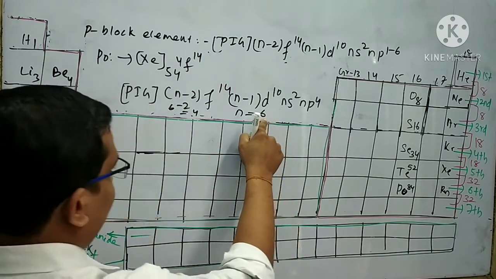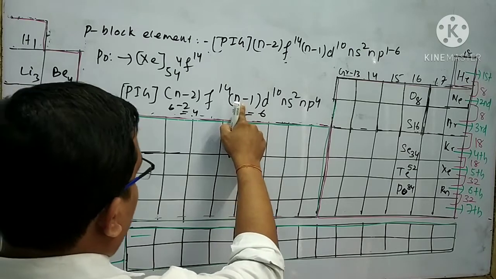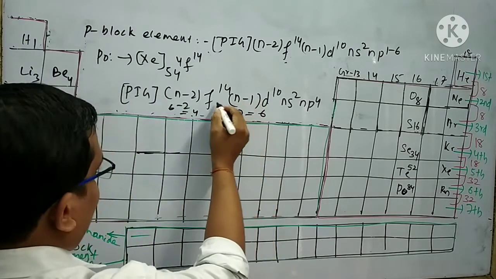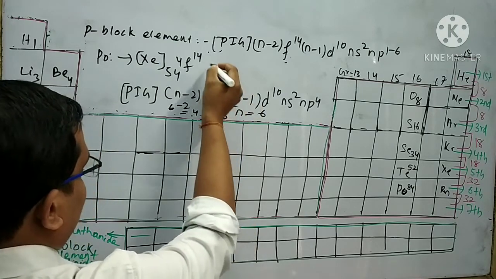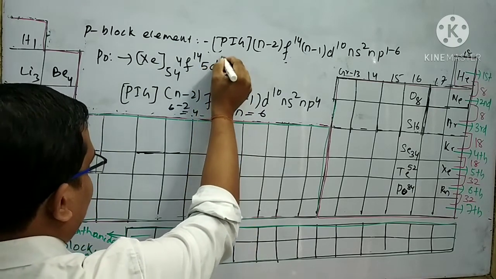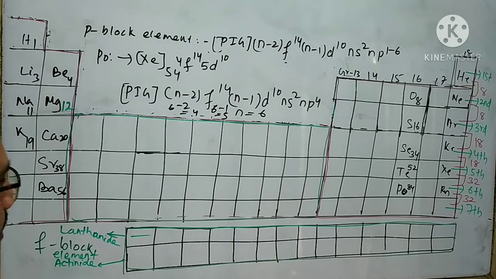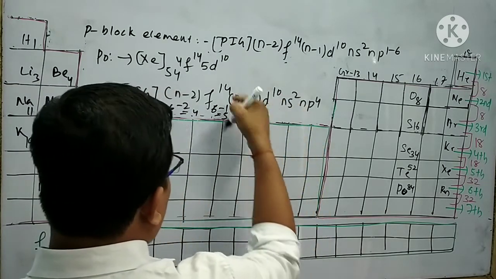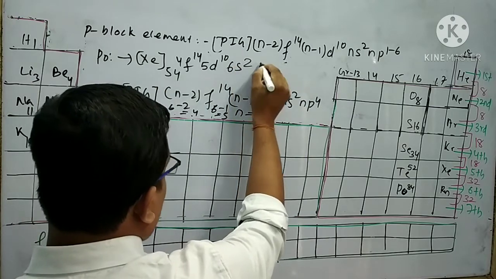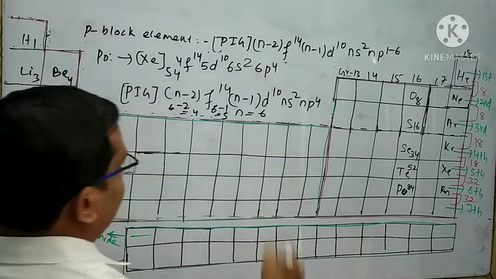Now put the value of n here. Then I can write 6 minus 1, that is 5. So it is bound to write here 5d10. Now put the value of n here and also here. Then I can write 6s2 6p4.